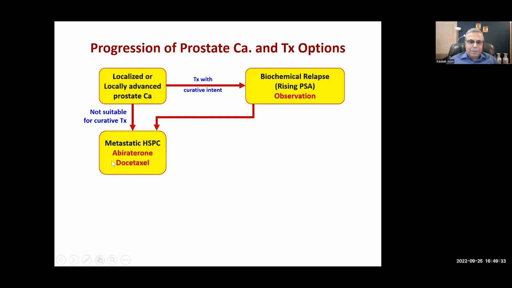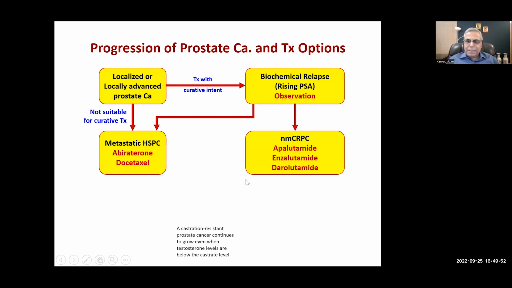Along with that, you can give abiraterone or you can give docetaxel. These are our drugs of first choice. If we say that it's not suitable because it is metastatic, but it is hormone sensitive, then these are the two drugs. Another situation is that we have got a non-metastatic cancer, but it is castration-resistant.